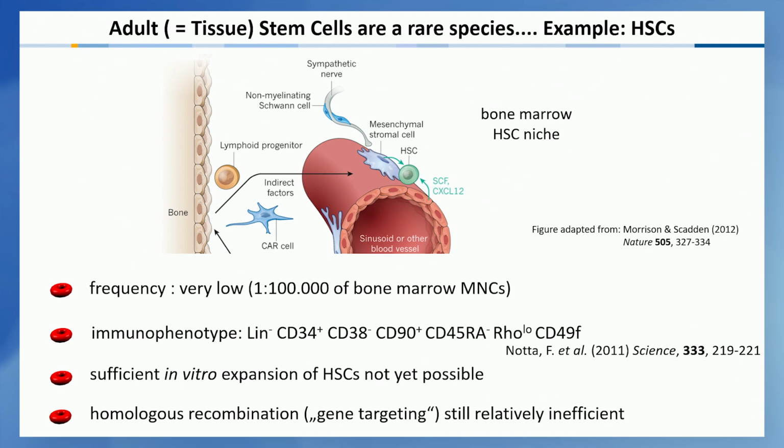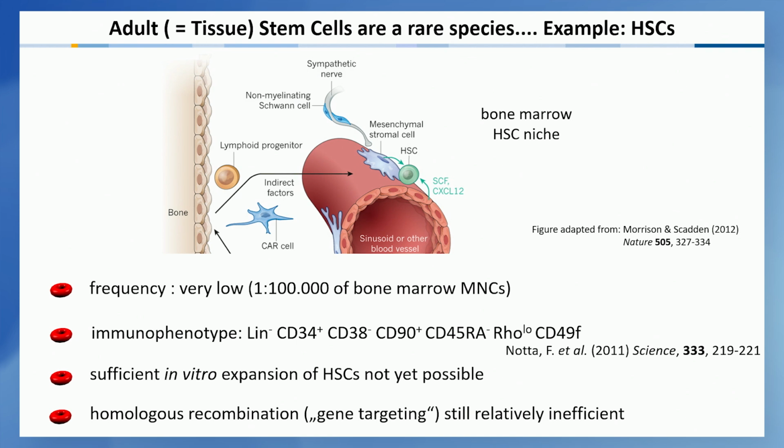Using adult blood-forming stem cells is a challenge because their frequency in the bone marrow is very, very low. Only one out of 100,000 nucleated cells in the bone marrow is a real blood-forming stem cell. We know a lot about the immune phenotype of the antigens expressed on the surface of those cells, so that we can enrich them.